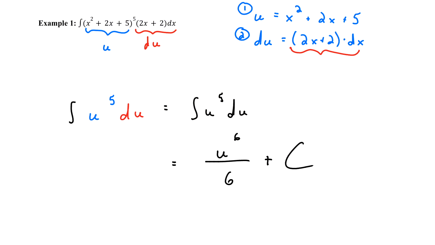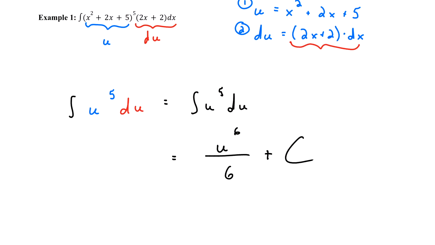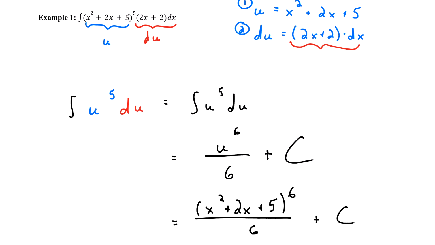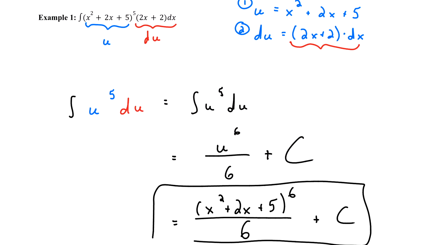So u to the 6th is really (x squared plus 2x plus 5) raised to the 6th power divided by 6 plus c. Let me clean that up a little bit. And there is our indefinite integral, our general antiderivative.